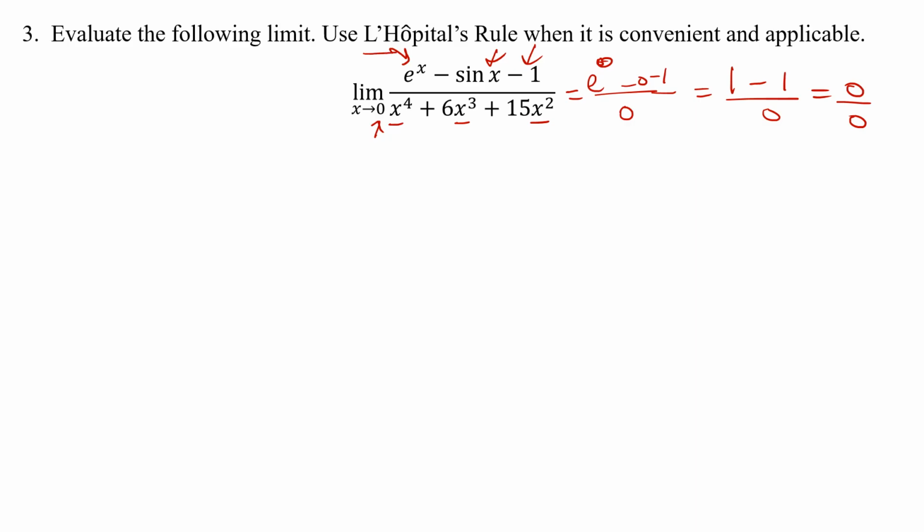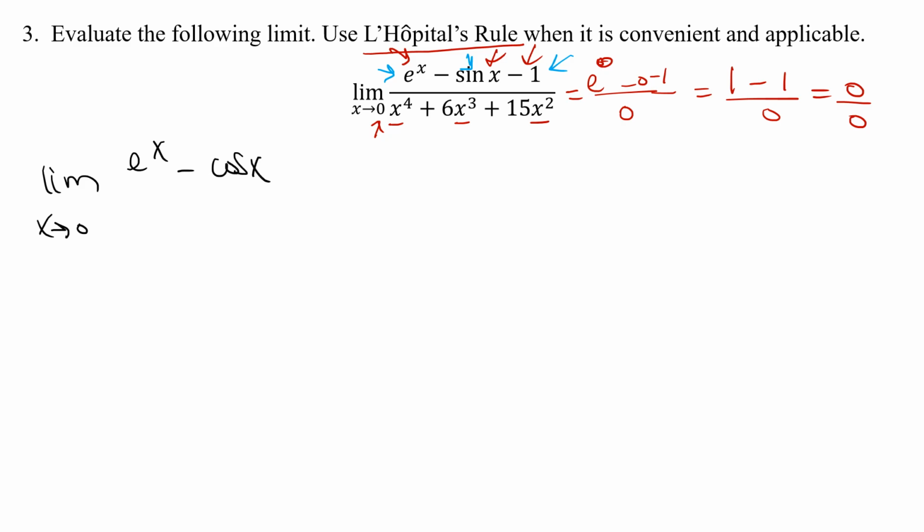So we know, yep, we now are able to apply L'Hopital's rule, okay? So remember the rule says to find the derivative of your top function and then find the derivative of your bottom function, okay? So find the derivative of e to the x. Well, we know that's just e to the x. Then the derivative of sine, well, that's cosine, and then of course the derivative of the minus 1 would be 0.